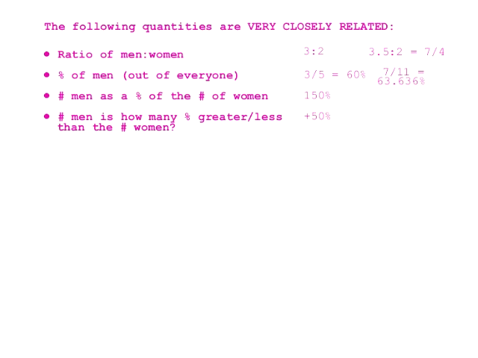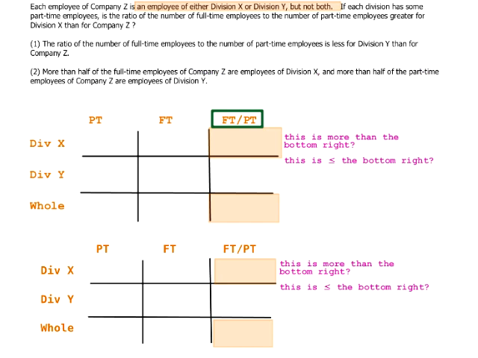The number of men as a percentage of the number of women is 7 to 4, so 175%. This is a 75% increase. The point is that all of these increase together, or they will all decrease together. So, if we want, we can think instead about the percentage of full-time employees.